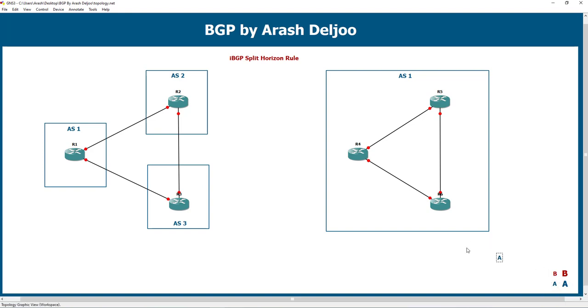I want to start from the scenario on the left side. We have 3 ASs, AS1, AS2, and AS3, and 3 routers, one residing in each of these ASs. We have eBGP between R1 and R2, eBGP again on the link between R1 and R3, and another eBGP between R2 and R3.